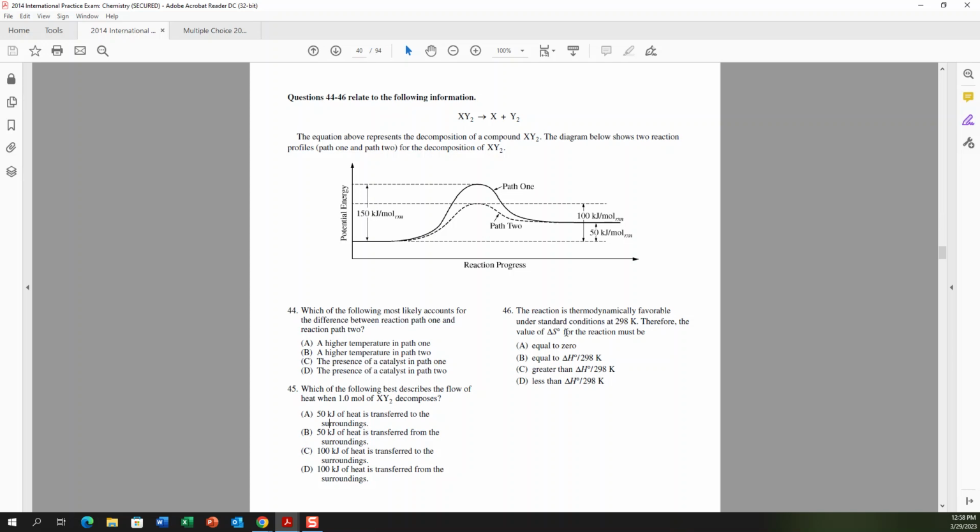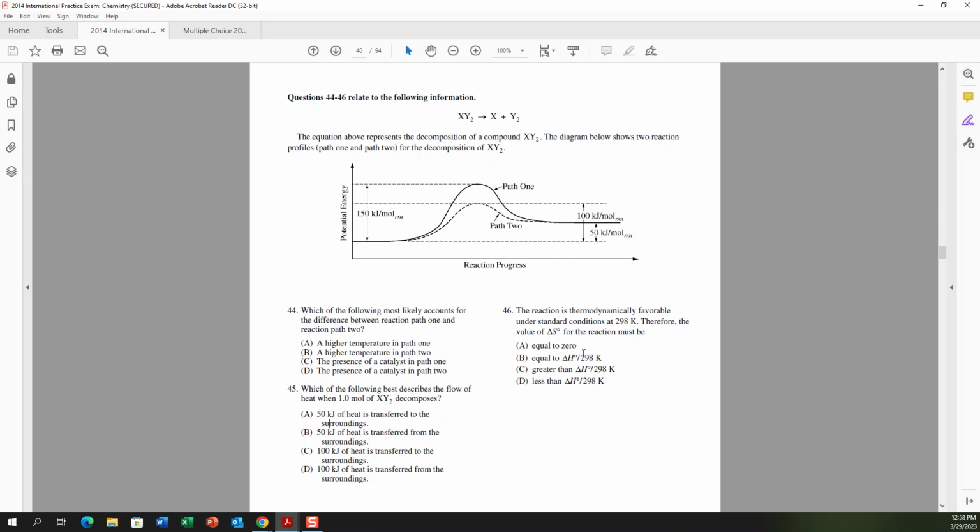Okay, number 46, the reaction is thermodynamically favorable under standard conditions. And so that must mean delta S is positive, because if you have a positive delta H and a negative delta S, the reaction is never favorable. So if you have a positive delta H and the reaction is favorable, which they're telling us in question 46 here, that means delta S must be positive.